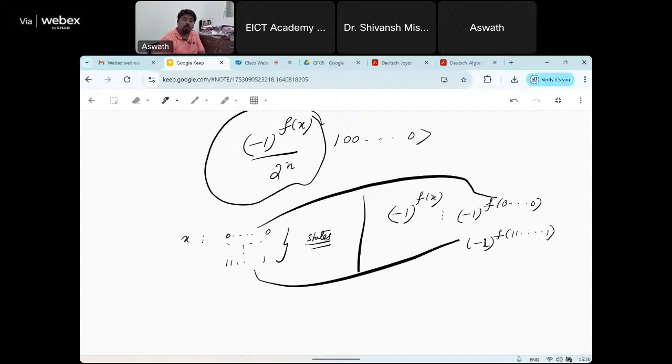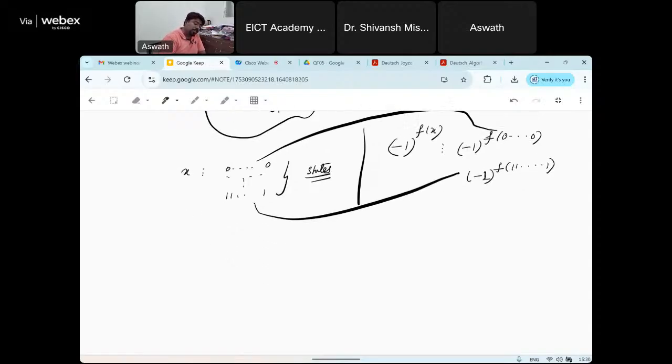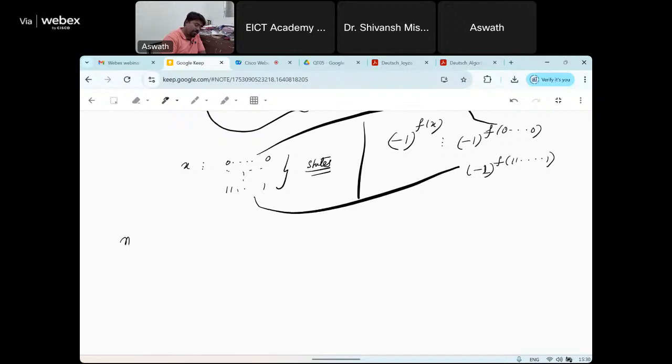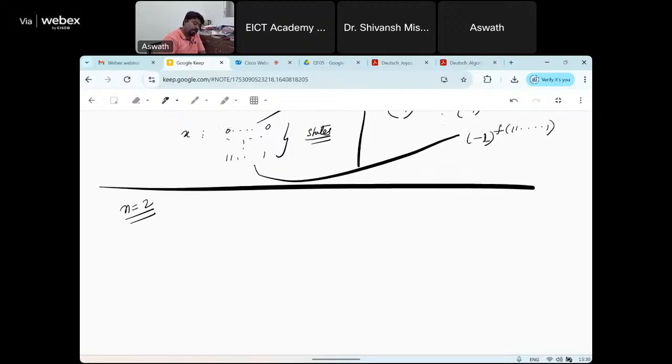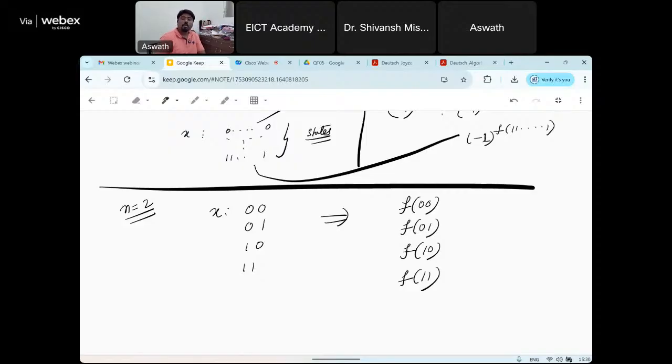Fine. Now it's difficult to understand for the generic n case. Let's choose the simplest case where n equal to 2. It's easy that way. So n equal to 2 means x would take 0 0, 0 1, 1 0, 1 1, which implies f of x is f of 0 0, f of 0 1, f of 1 0, f of 1 1. So these are the four cases we have.